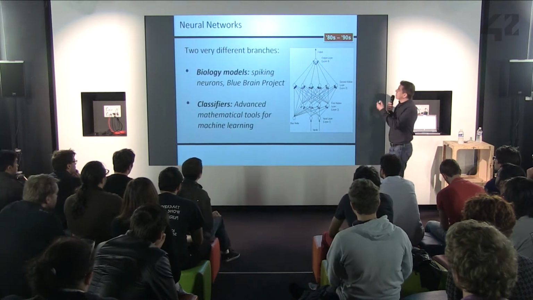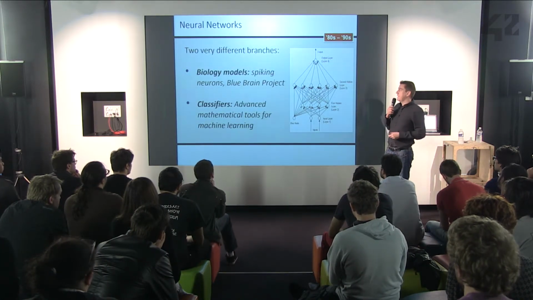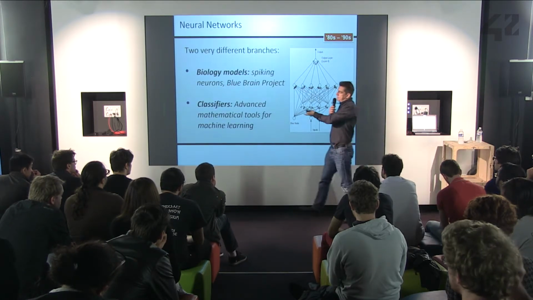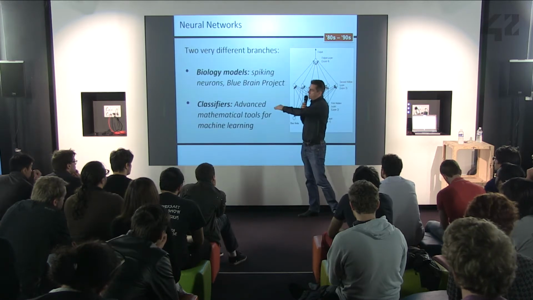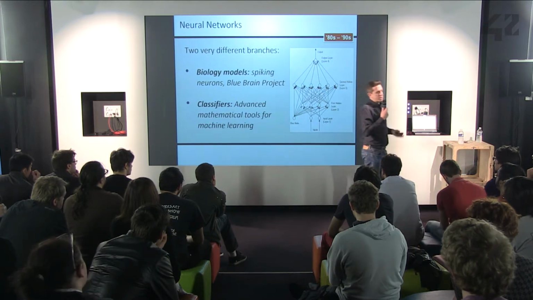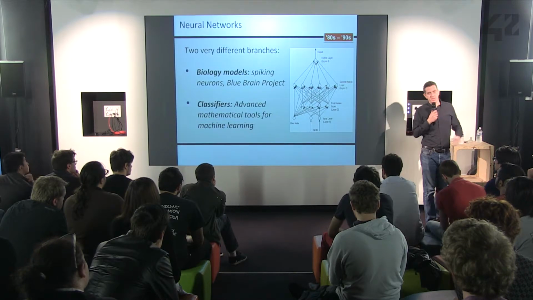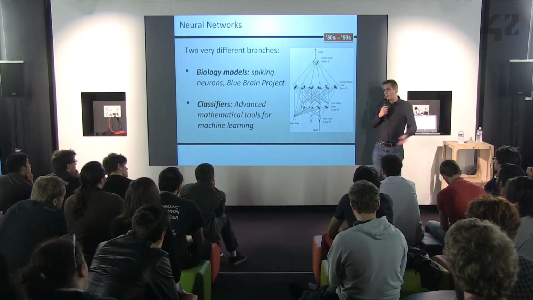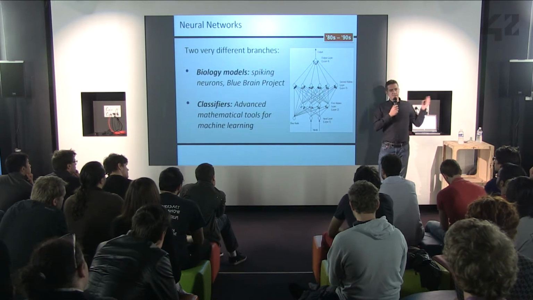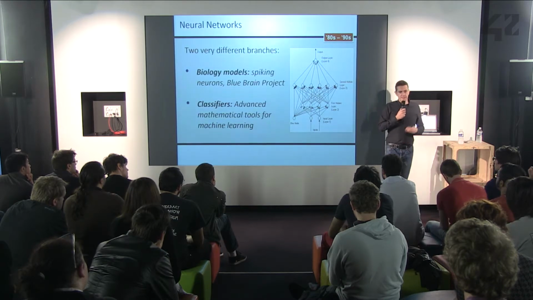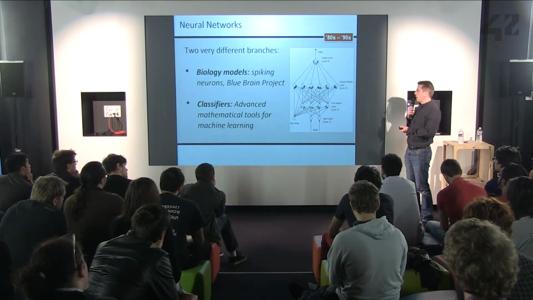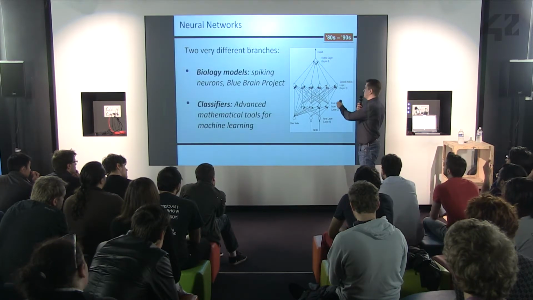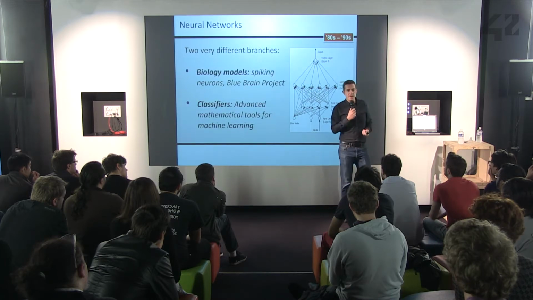A bit later in the 80s, there was a lot of activity around neural networks, biological models, or simple classifiers. They don't care whether it's biologically plausible or not. There's a vague inspiration, but basically it's just a mathematical tool that you've been presented just before. It's all about classifying and segmenting large spaces with hyperplanes and things like that. This gave interesting and very encouraging results, but we didn't really know how to increase the size of those things so that they could tackle more complex problems.